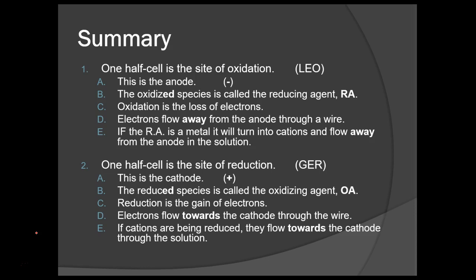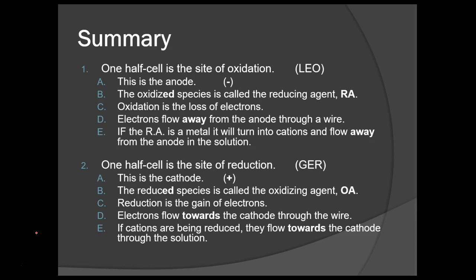The other half of this voltaic cell is the site of reduction, and we call it the cathode. It has a positive charge associated with it, or it is the positive part of the cell. This reduced species, and we say species because it could be an ion or possibly a metal, is called the oxidizing agent.